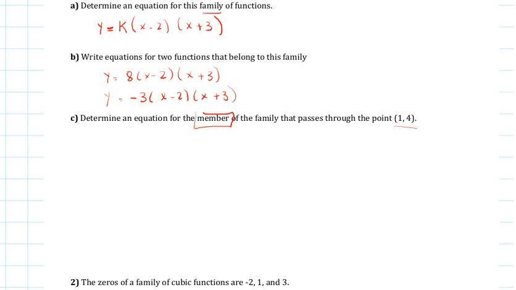So what we have to do is set up the equation. y equals k(x minus 2)(x plus 3). And then we use this point and plug it in for x and y. So my y is 4, x is 1, and then we're solving for k.